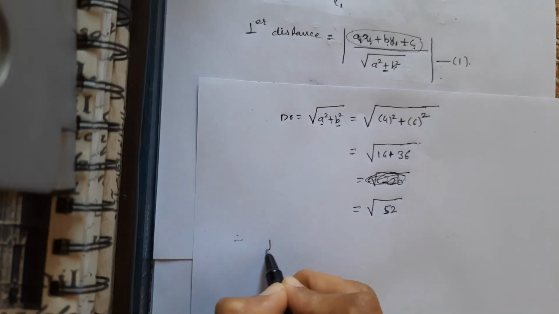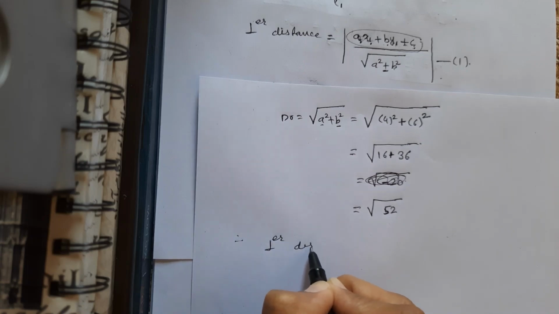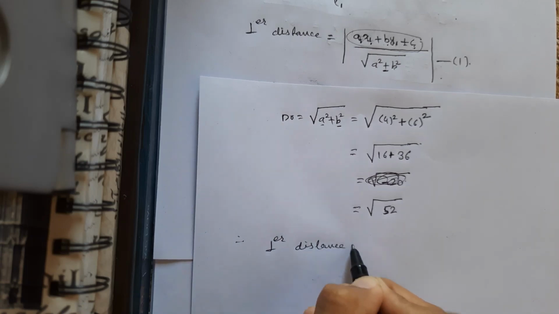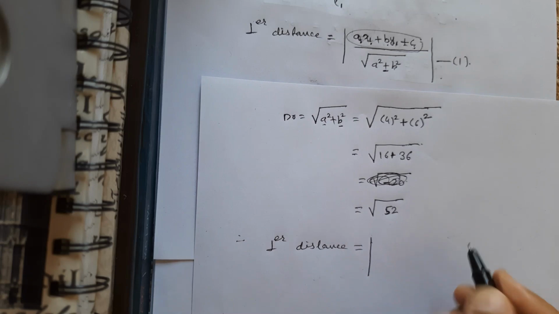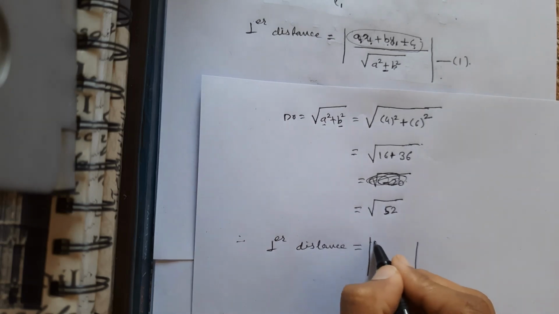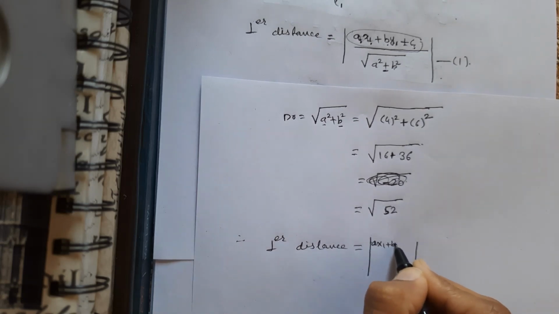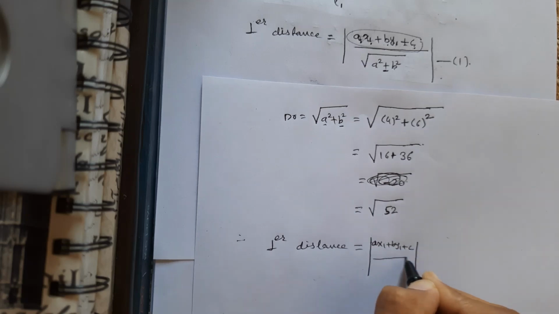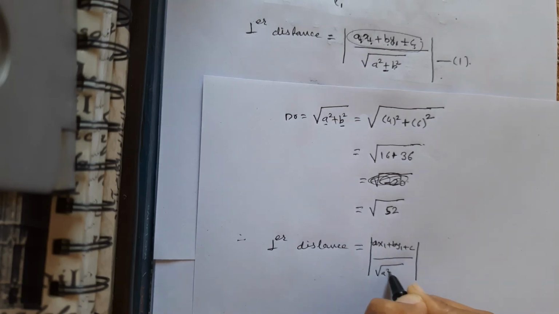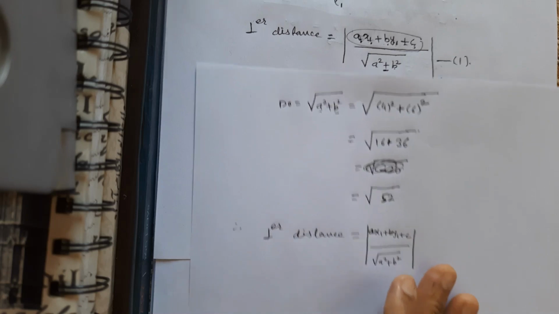So therefore the perpendicular distance is equal to modulus of ax1 plus by1 plus c upon root a square plus b square, right?